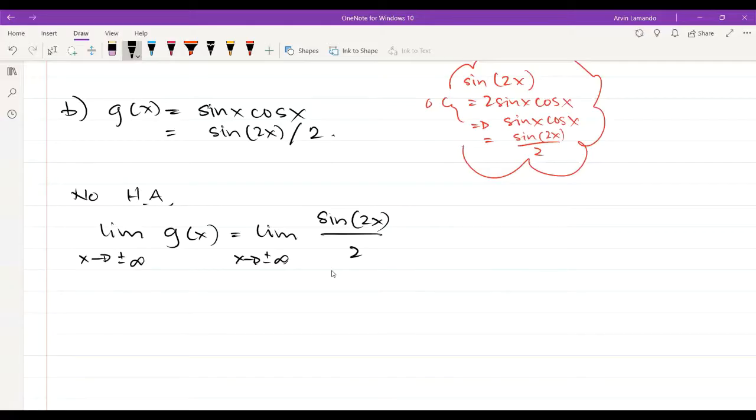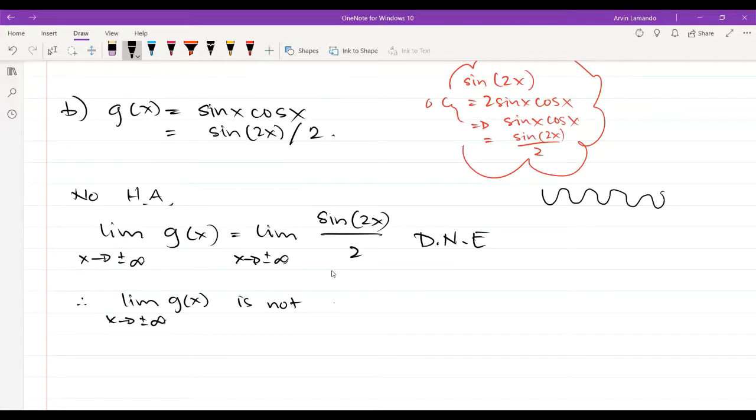However, sine of 2x is an oscillating function. Okay? So it just oscillates infinitely. It does not approach any particular value as x approaches infinity. Therefore, this does not exist. And therefore, the limit of g of x as x approaches positive or negative infinity is not finite.